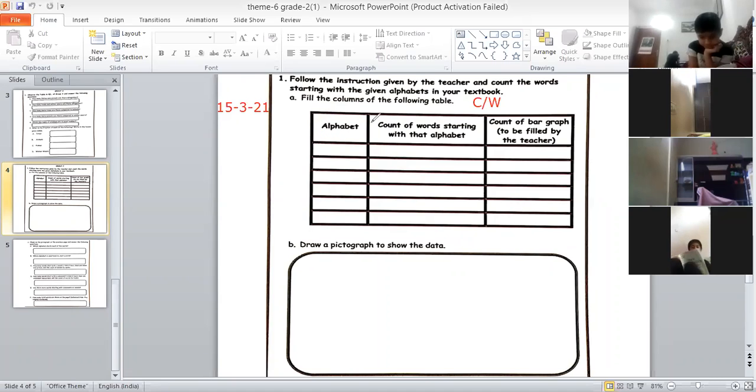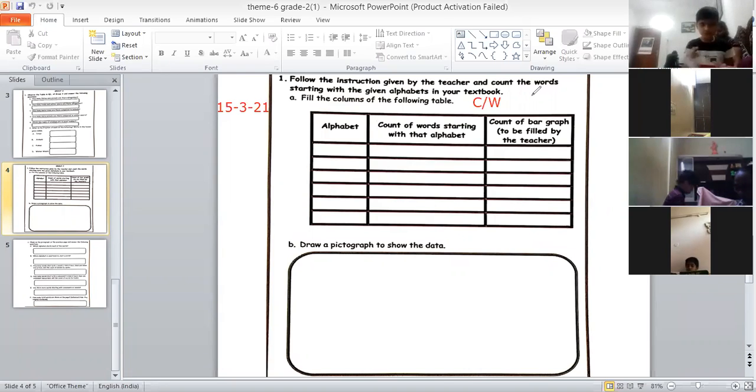Now in the second column, what is that? Count of words starting with that alphabet. Okay, now third column. Count of bar graph to be filled by the teacher. Okay, Lohit, thank you. Thanks for reading.